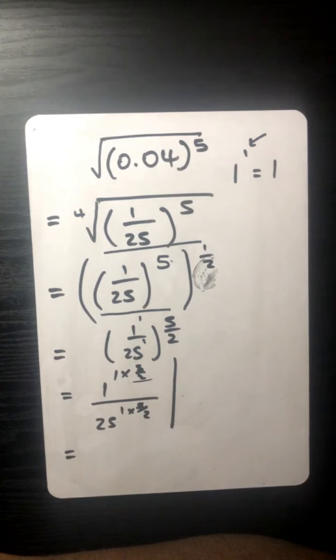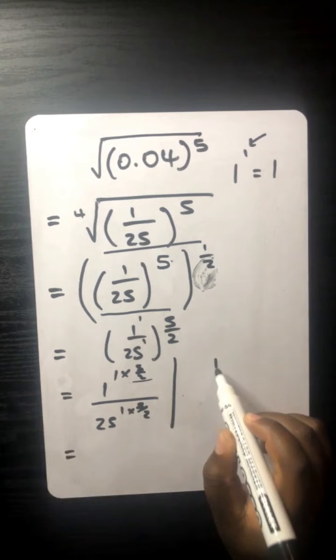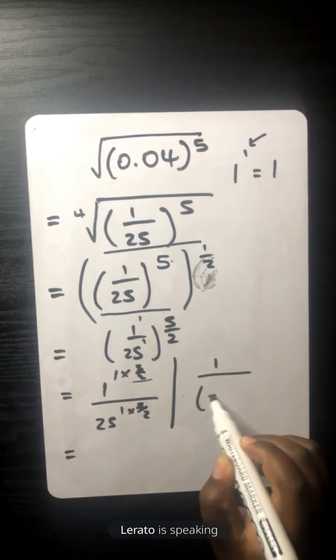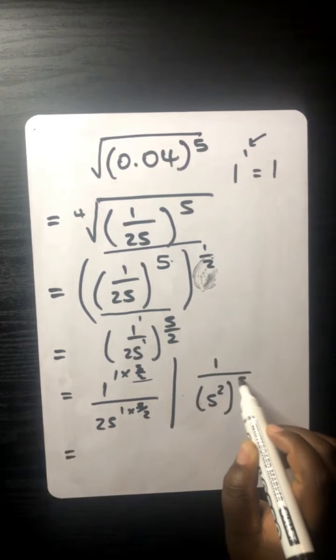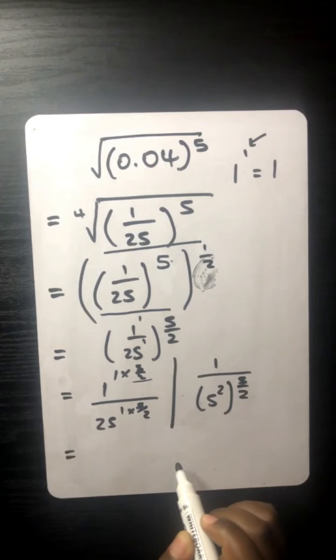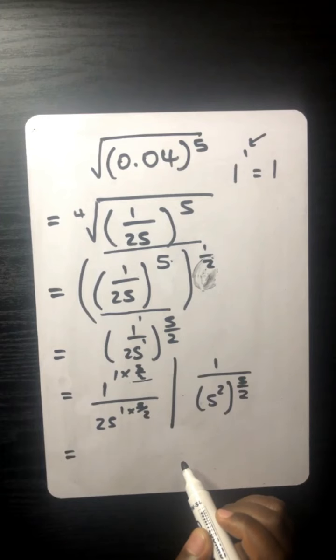So the next step will be to change the denominator into its prime basis, which is going to be 1 over 5 to the power 2, all raised to the power 5 over 2. And then say I took the denominator to the numerator, then the exponents will change.